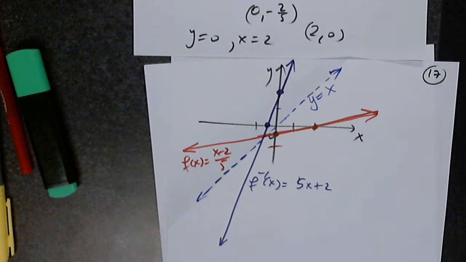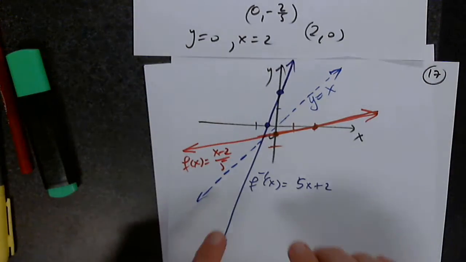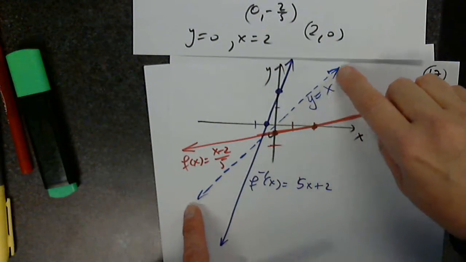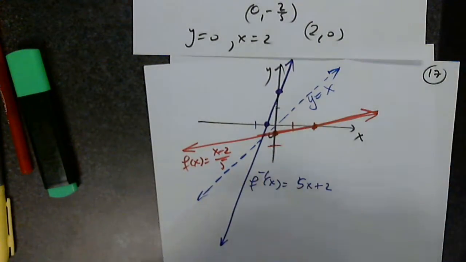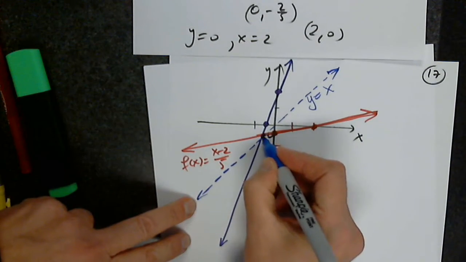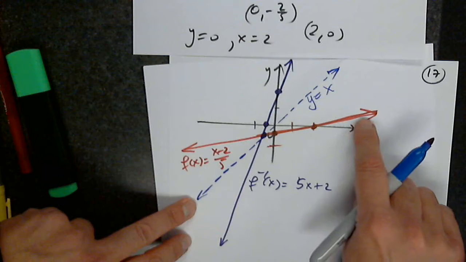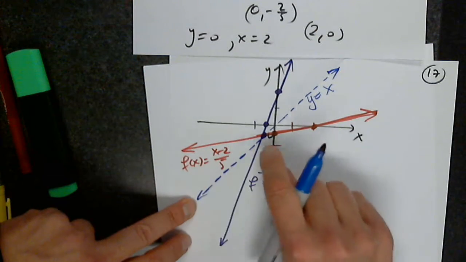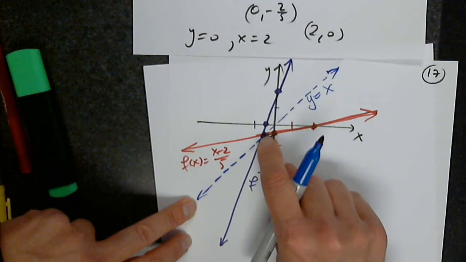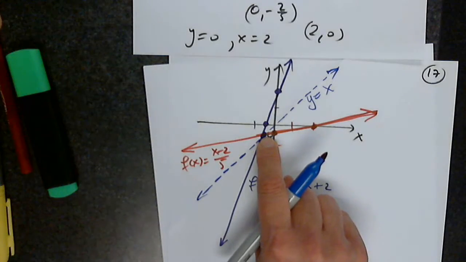I'm going to write it as an important note. When graphing the function and its inverse on the same Cartesian system, you see that they are symmetric with respect to the line y equals x. This point here, where the inverse or the function crosses y equals x, is like, let's say, -2, -2.